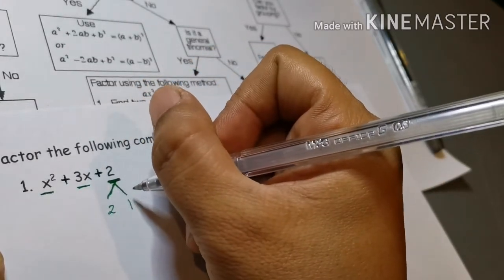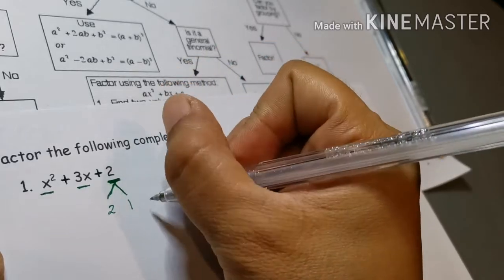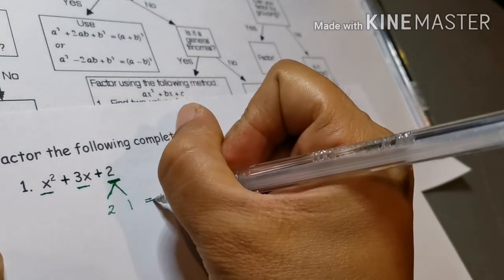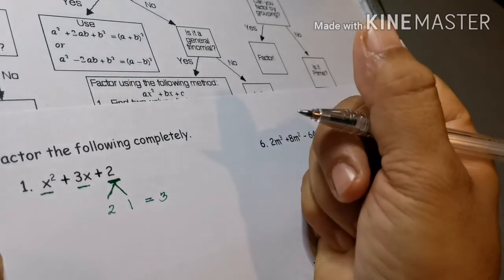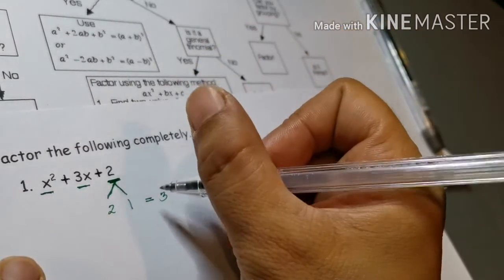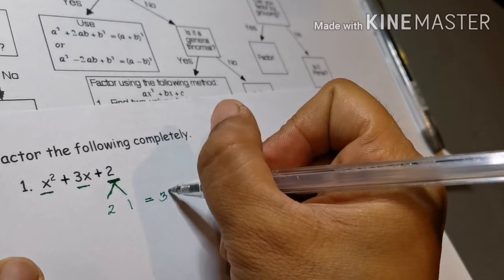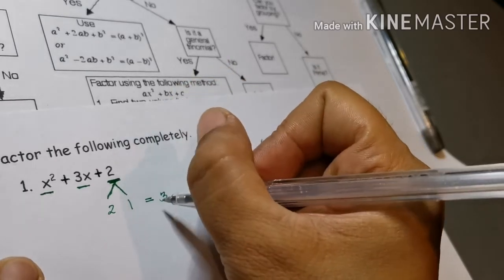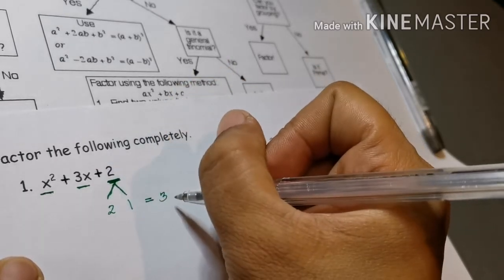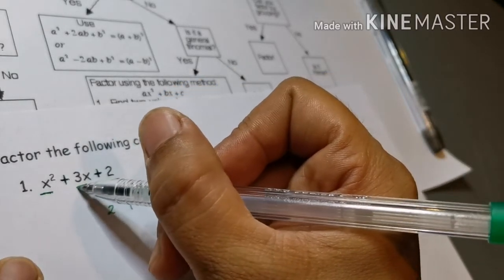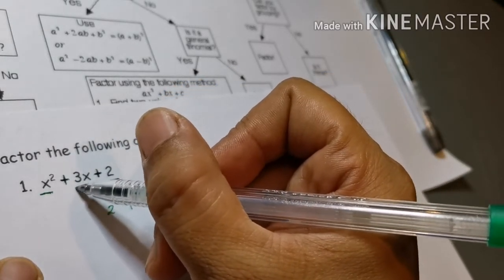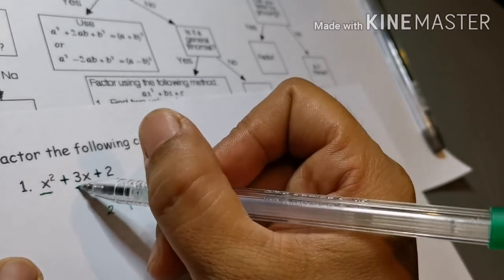After getting all the possible factors, we are going to add these factors. 2 plus 1 is 3. You should find the factors whose sum is equal to b, the coefficient of the middle term. What is our coefficient of the middle term?